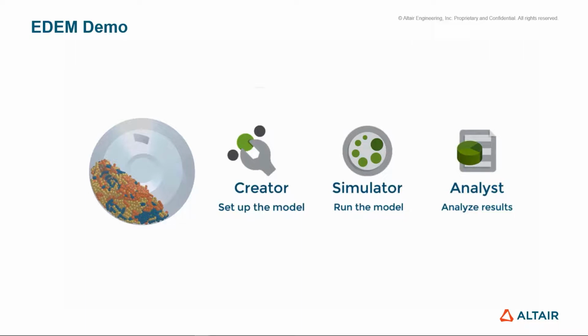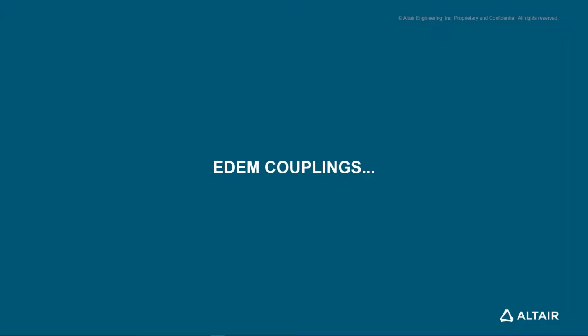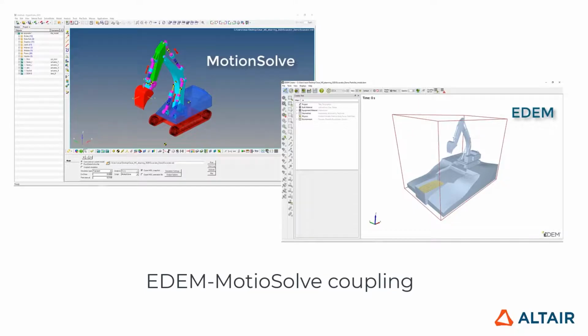Now, let's move to the last part of this presentation, that is the EDEM and MotionSolve example. EDEM can be coupled with other Altair tools, including AcuSolve, SimSolid, and MotionSolve. Today, we're going to see an example between EDEM and MotionSolve.